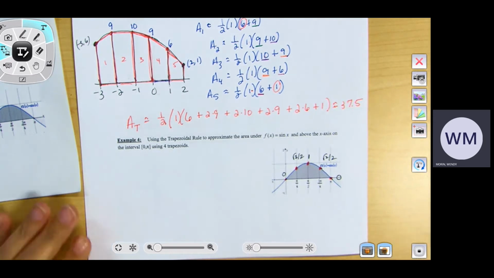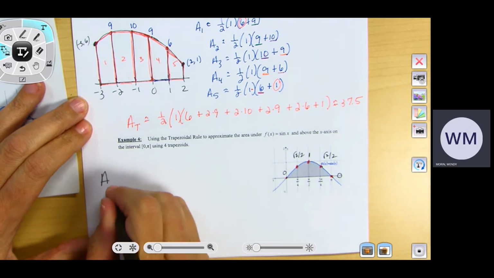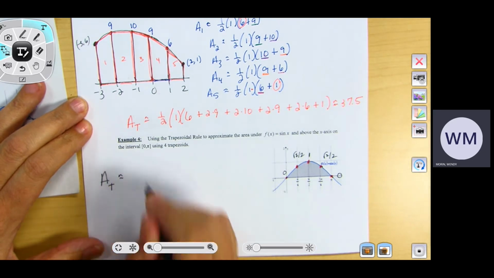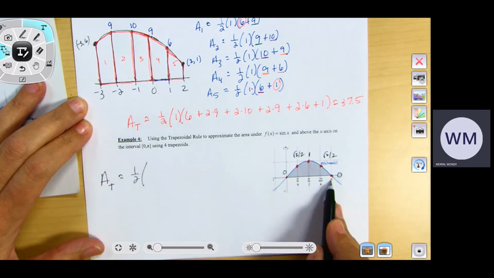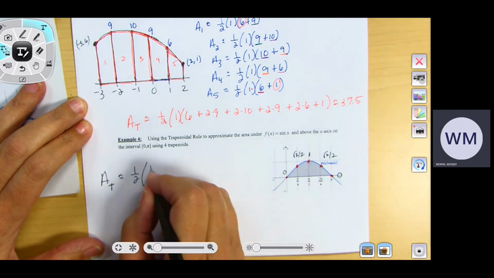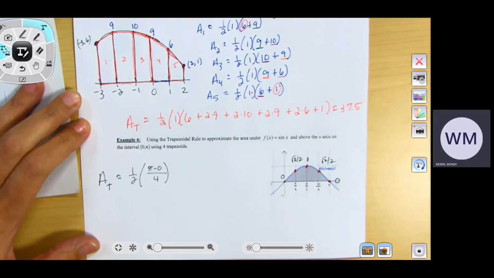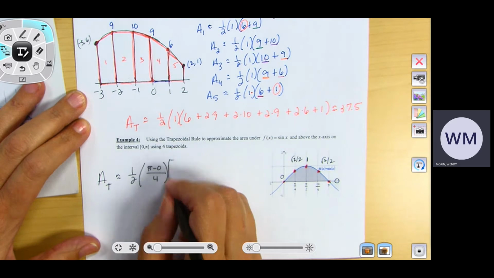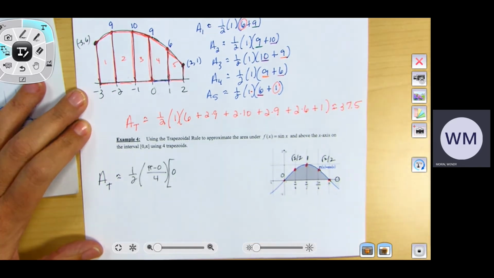So if we use the trapezoidal rule, the area approximation is 1/2 times pi minus 0 divided by 4 trapezoids. We're going to start with our first y value, which is a 0.